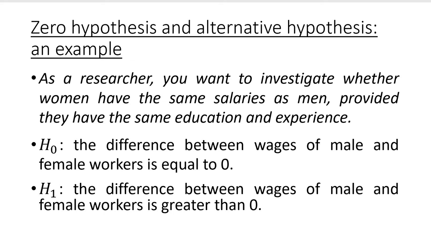Again, even though you are primarily interested in the alternative hypothesis, zero hypothesis should represent some kind of status quo. So if you manage to reject it in favor of the alternative hypothesis, you will indeed state that Polish male workers have higher salaries than Polish female workers.